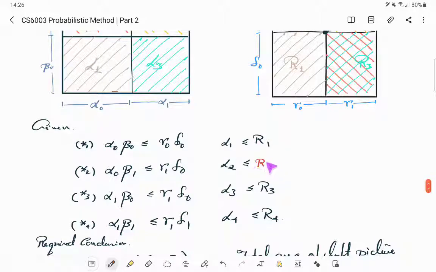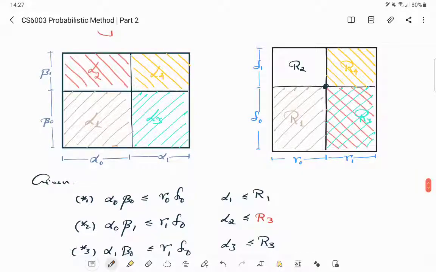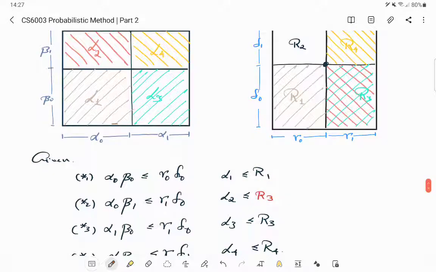So if instead of this R3 we had R2, there was nothing to prove. We are just saying that 4 numbers which are component wise less than 4 other numbers, when you add them up, the smaller ones add up to a smaller value than the larger ones. So that's all. But this is what makes the whole thing non-trivial.